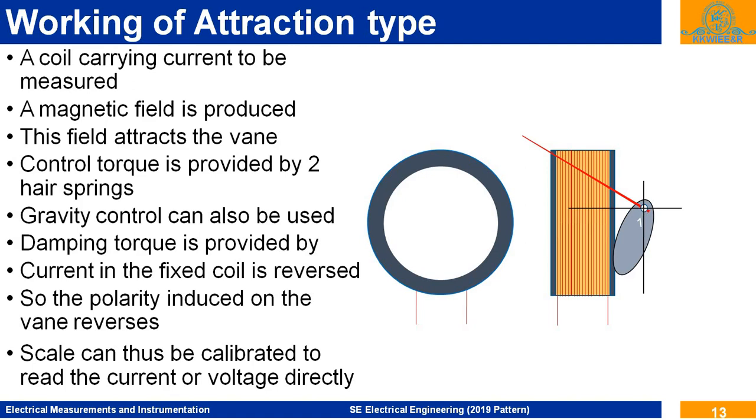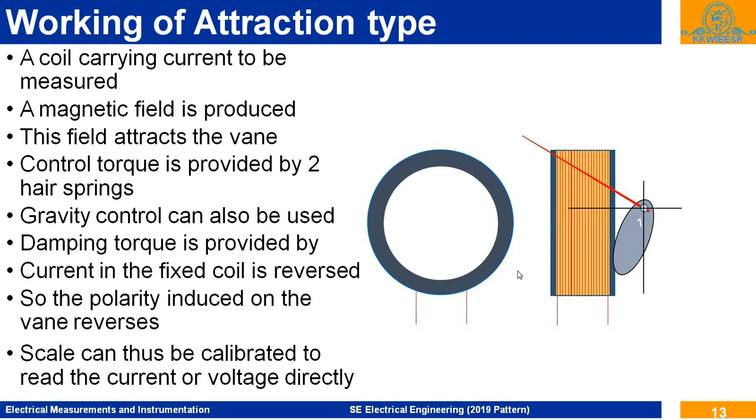One end of this piece is connected here through this spindle. This is an eccentric type connection; it is not connected at the center of this coil. With this spindle, the pointer is connected.